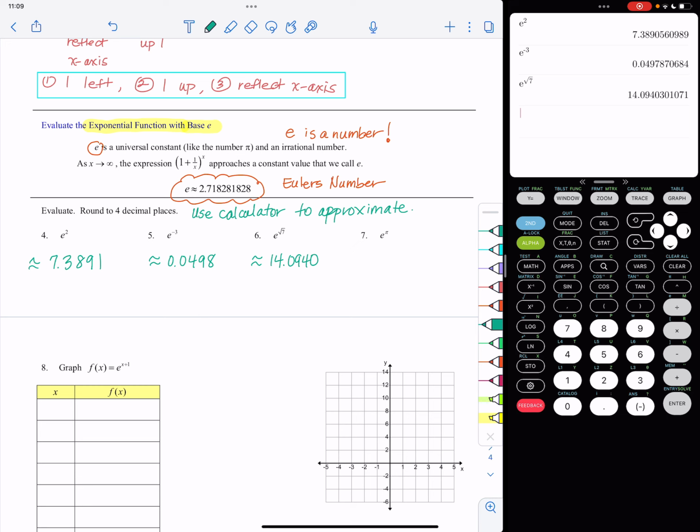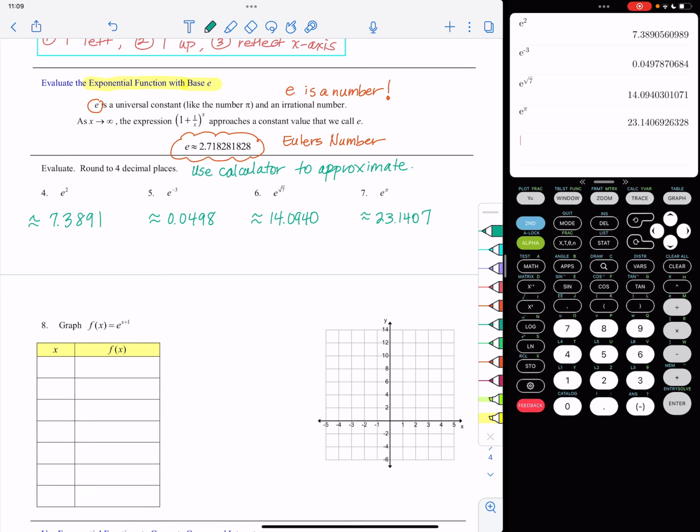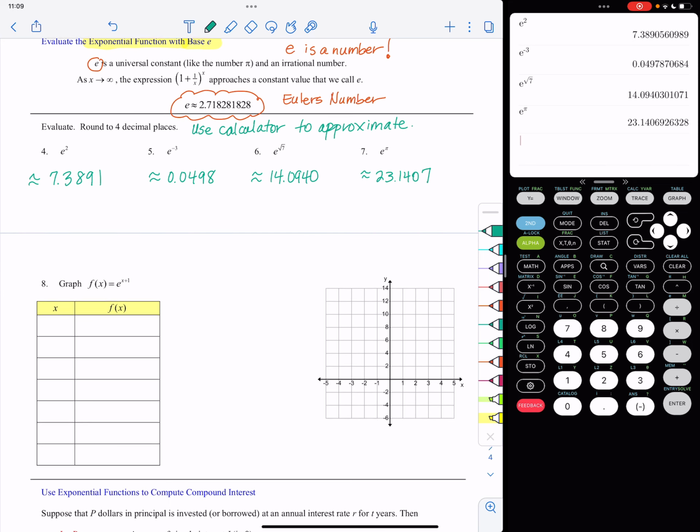And e to the pi, raised to the pi, and that's approximately 23.1407. So keep in mind, e is just a number between 2 and 3.